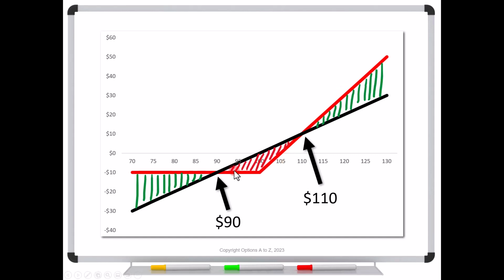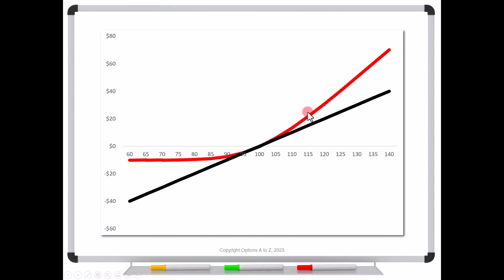So you can see at expiration that we definitely need that stock to get moving faster and faster to outperform the stock. However, if your outlook is correct, let's go back to the original curve, you can see that the 2 call options absolutely dominate the stock.